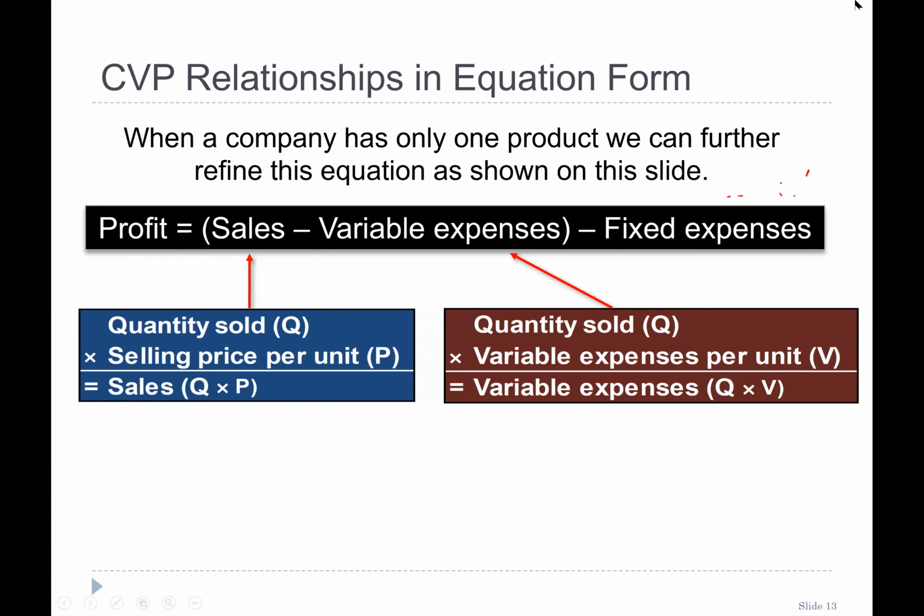Here we go. So we know that sales can be calculated through quantity sold multiplied by price per unit. So Q and P, right?